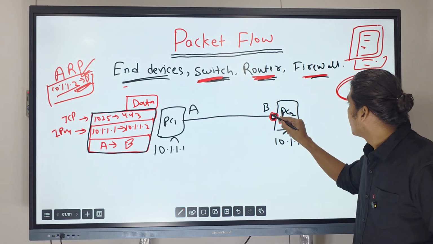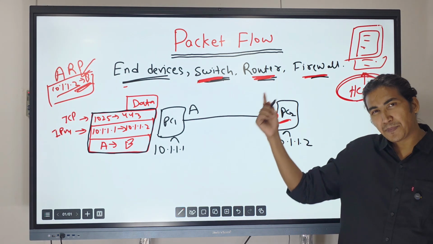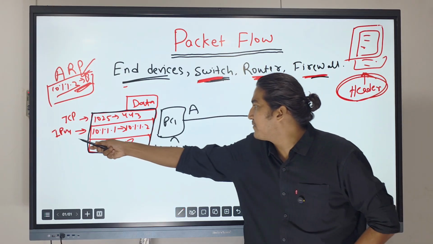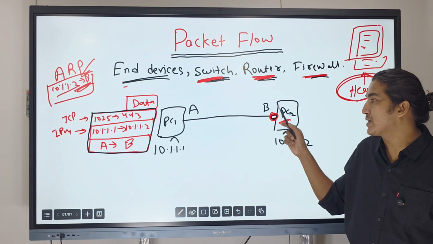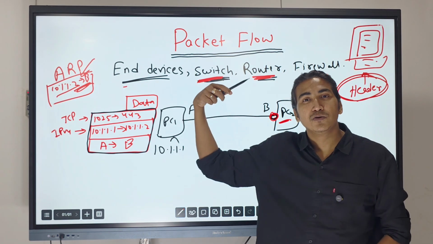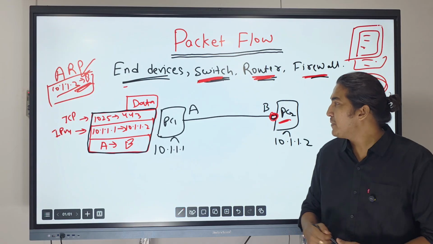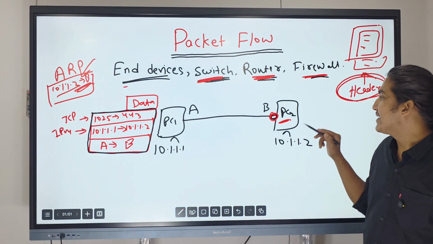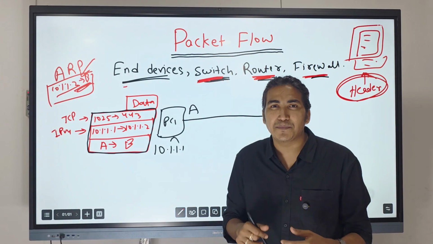After that, by checking the type field in the Ethernet header, it will identify the upper layer protocol. The upper layer protocol is IPv4. So at PC2, the data link layer will hand over the traffic to the upper layer, the network layer, to the IPv4 protocol. The IPv4 protocol is similarly going to check the destination IP address. Is the destination IP address my IP address or not?